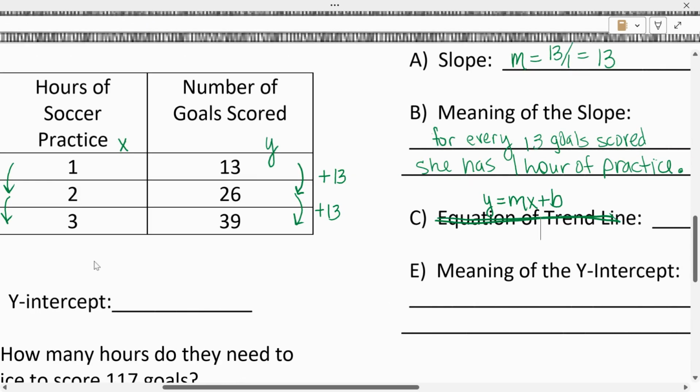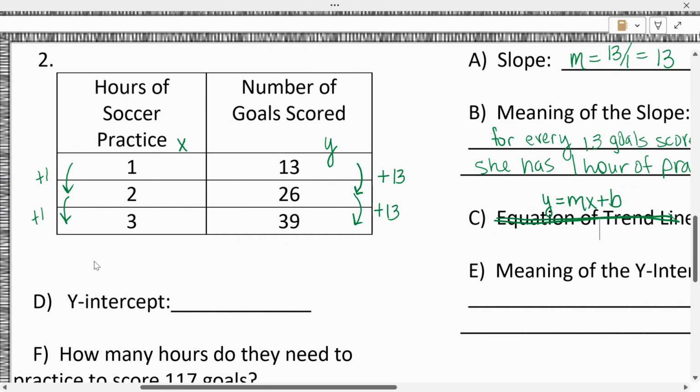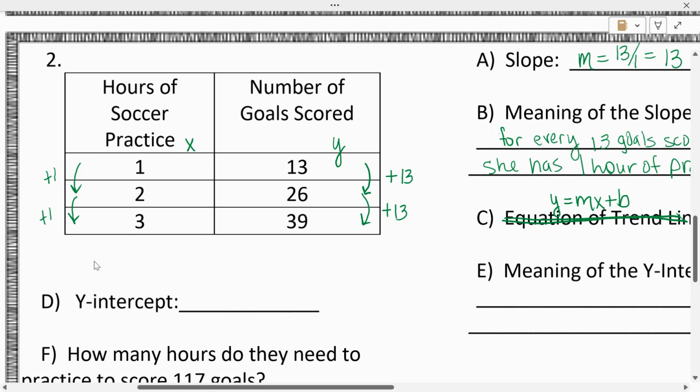What is another way to find the y-intercept using the table? Do you guys remember? If we were to use the table, and we know that the y-axis increases by 13 each time and the x-axis increases by 1, remember we could work backwards?